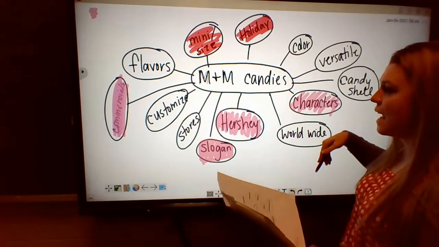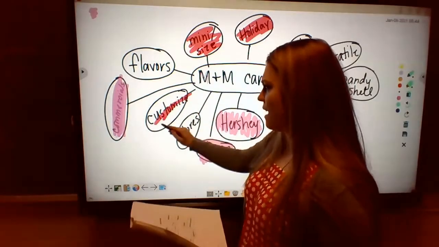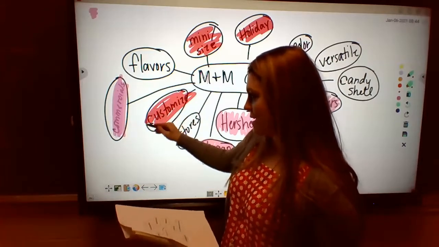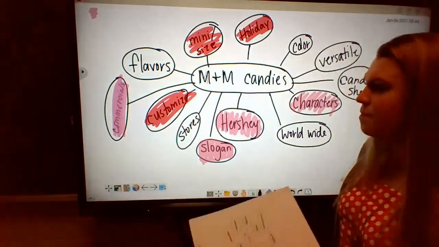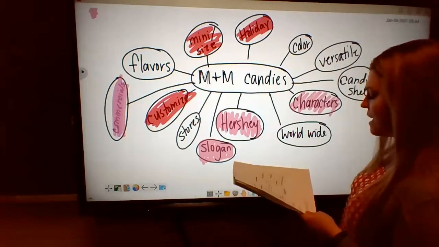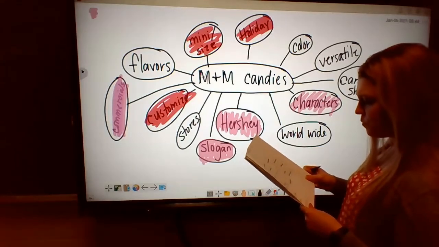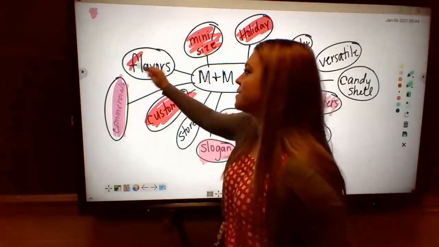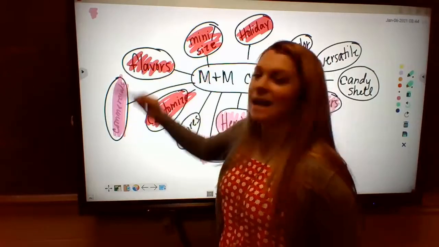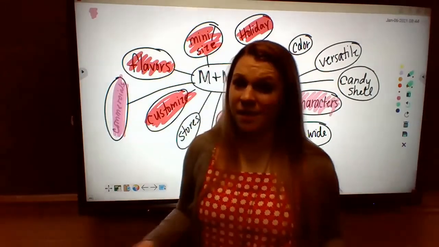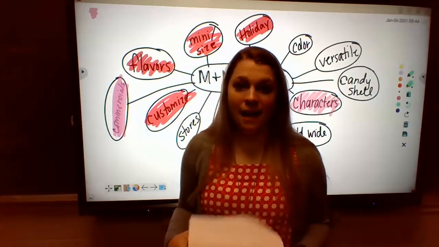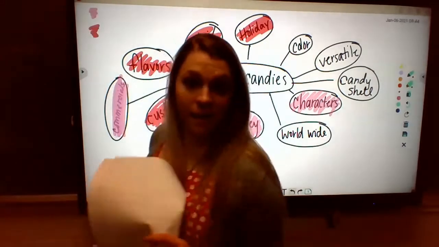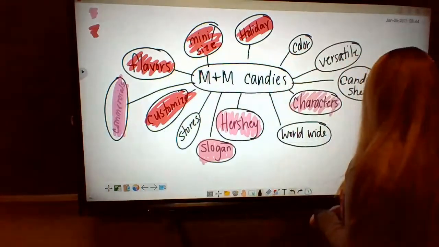We can also say that the customizable ones are definitely a different variety. And flavors, sorry. We can have peanut ones, dark chocolate ones, cookies and cream ones. That's a ton of different things. So we have our second point there.